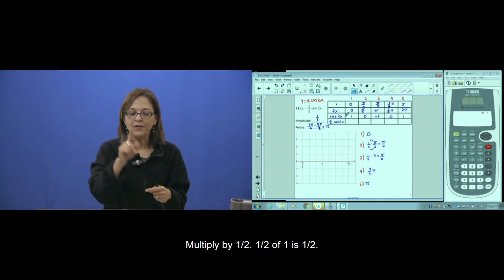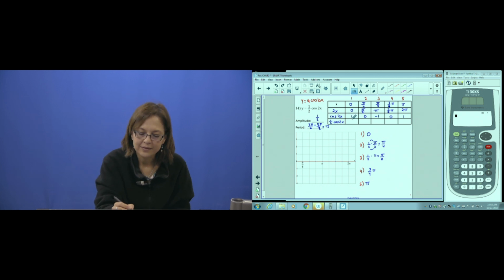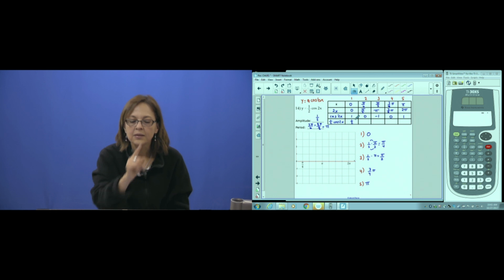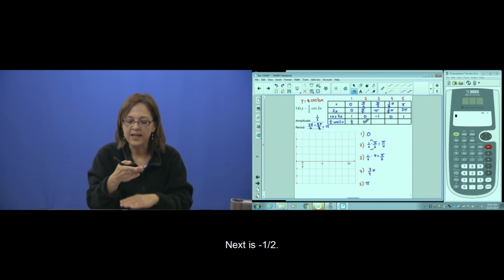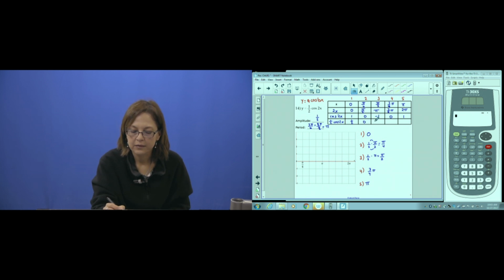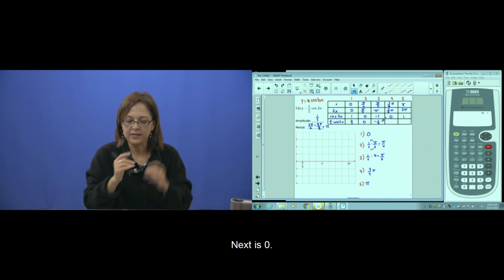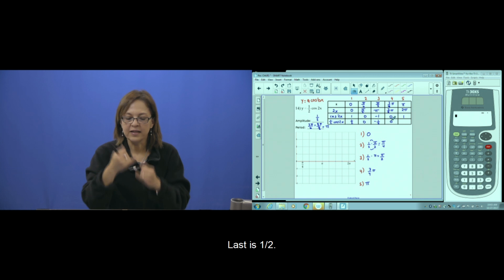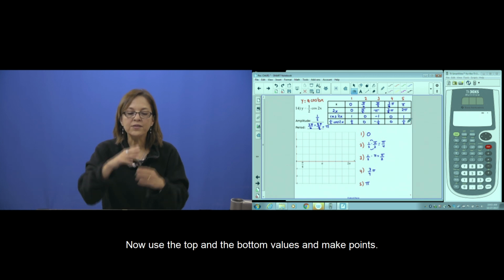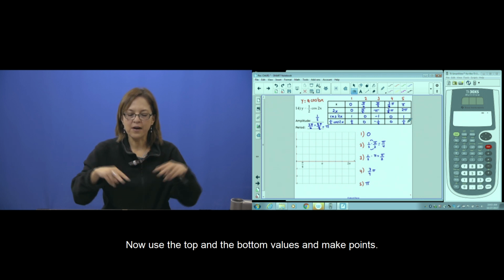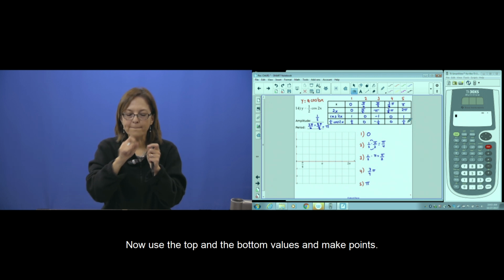Then 1/2 of 1 is 1/2. 1/2 of 0 is 0. The next is -1/2. The next is 0. And the last is 1/2. Now we use the top and the bottom values and make points.